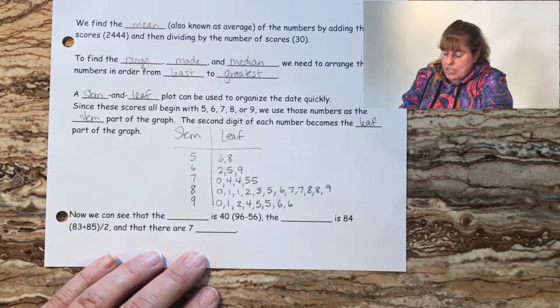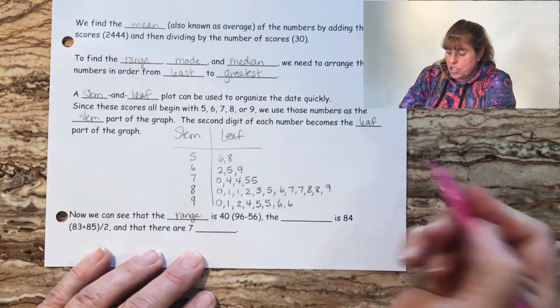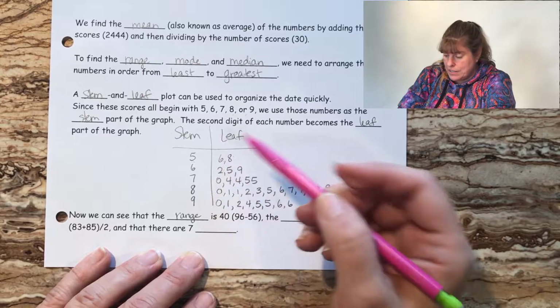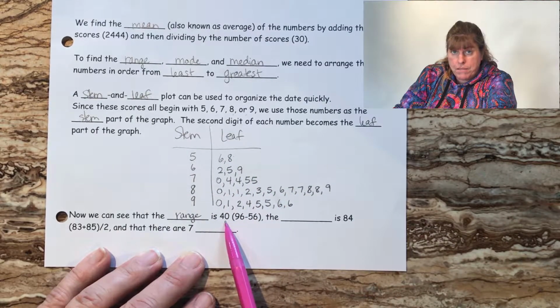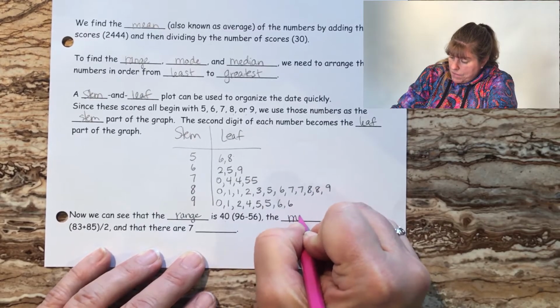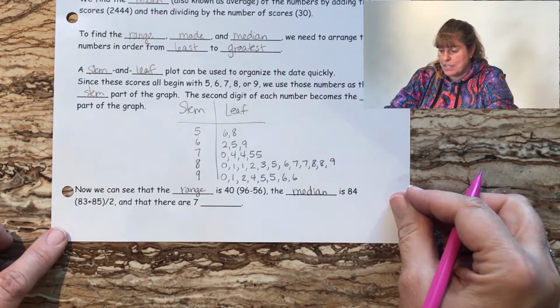Thinking through this a little more with the range: the lowest number is 56 and the highest number is 96. So the difference of those two numbers is 40. And then the median, remember, median of a highway is what's in the middle.